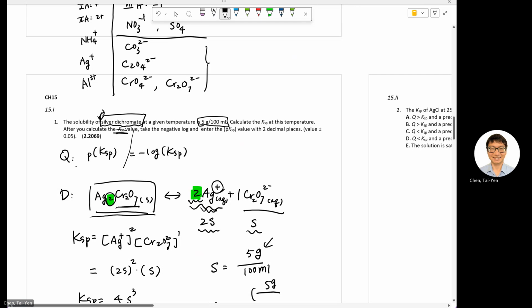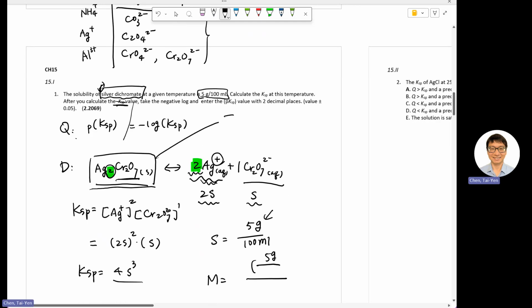Okay, so the formula weight of your insoluble salt, if you do the calculation using your periodic table, is going to equal 431.73 grams per mole.